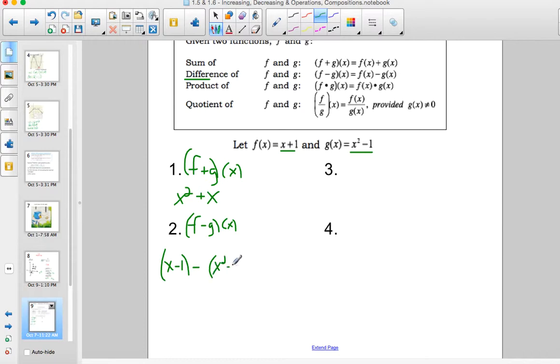And when you do it this way, right, you're going to get negative x squared as the first term. And then x is going to be the next term, right? There's nothing else to subtract with the x. And then negative 1 minus negative 1. I'm sorry, this was x plus 1, that's why. 1 minus negative 1 is 1 plus 1, so you're going to get plus 2.